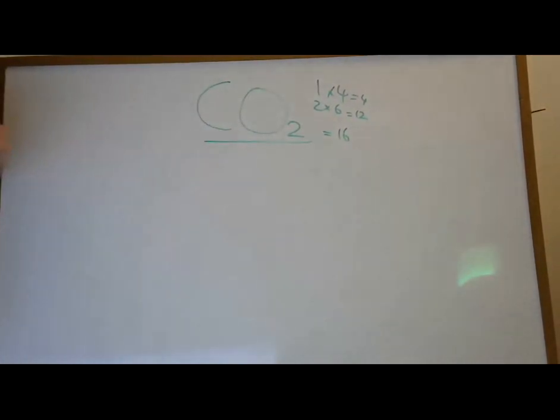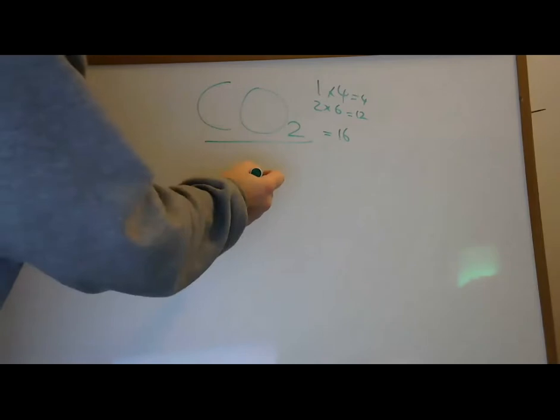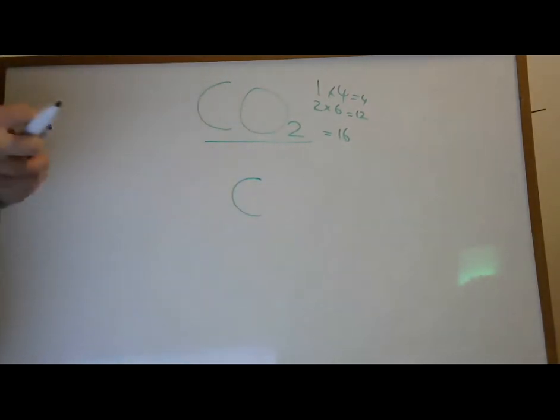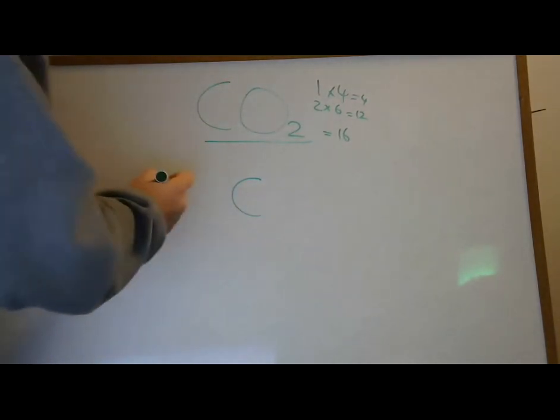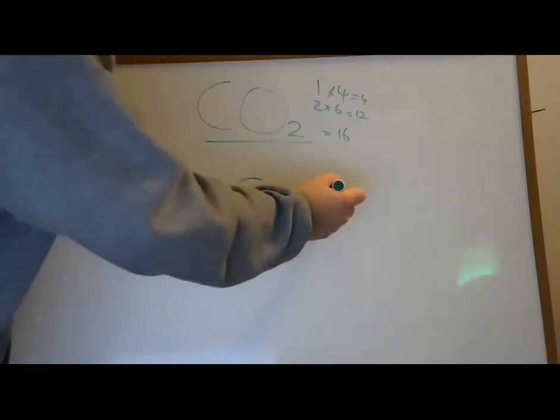What I want you to do is figure out which one of these should go in the middle. So carbon is the least electronegative, and oxygen goes one on either side.